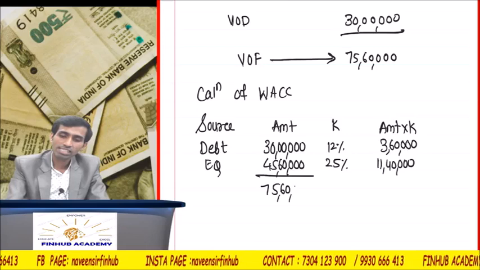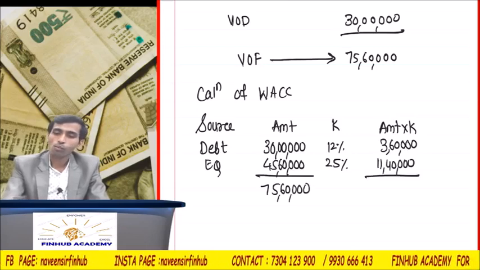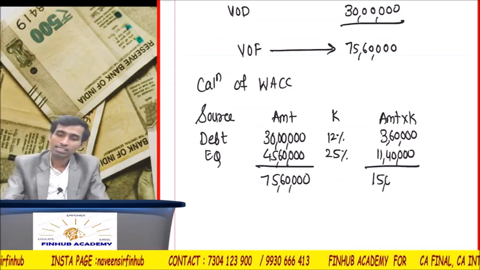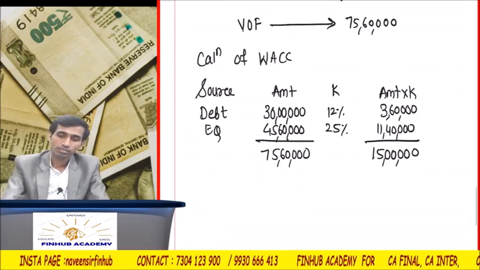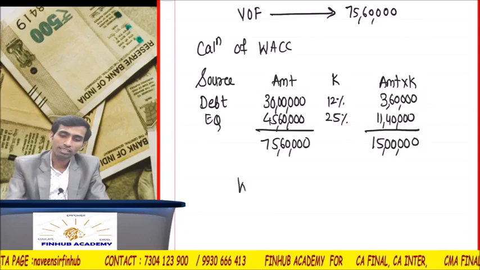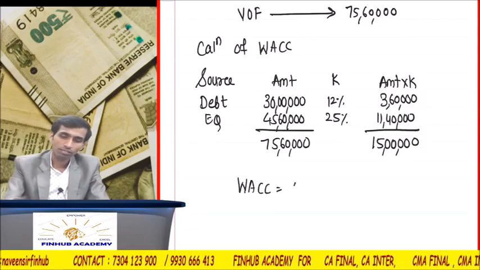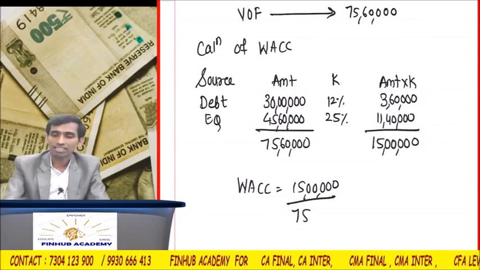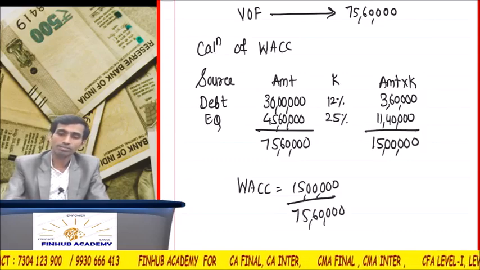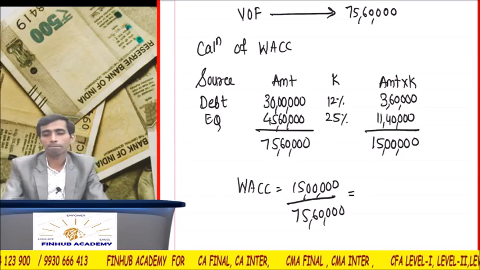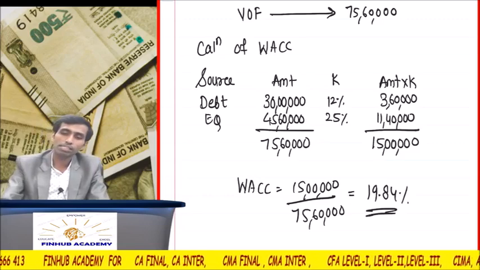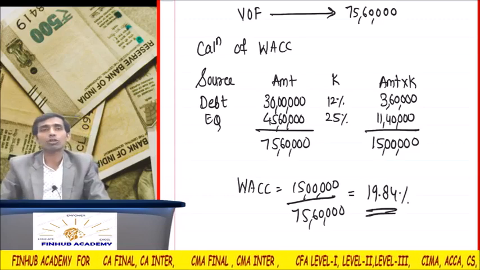Total is 75 lakh 60,000 and 15 lakhs. WACC is 15 lakhs divided by 75 lakh 60,000, which is 19.84%. Please copy.